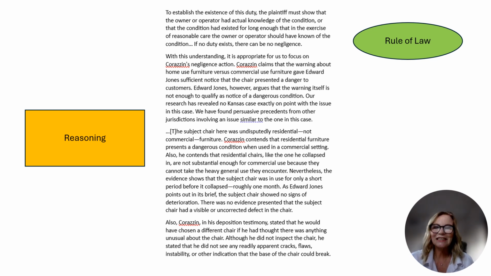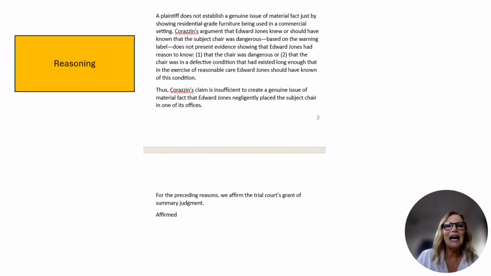So the question is, when we look at those facts and we apply the law, is that enough to move to the jury to say that they had a duty? And the court looks and says, you know what? No, it's not enough. So what they reasoned is basically that it is not enough to have just a warning label, or it's not even enough just to put residential grade furniture into use for commercial use.